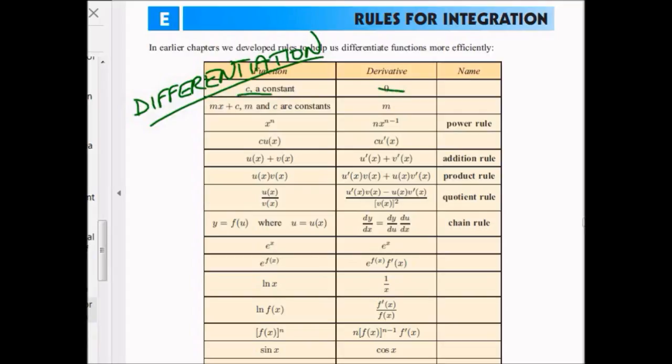If we have mx plus a constant, then the derivative of that is m. If we have x to the power of n, the derivative of that, using the power rule, bring the n down in front, decrease the exponent by 1, and we have nx to the power of n minus 1. We're going to start from there.